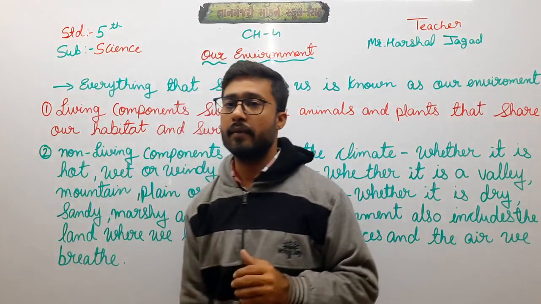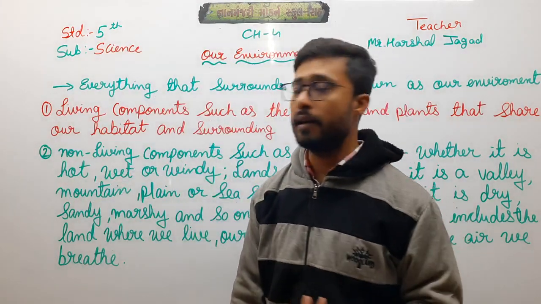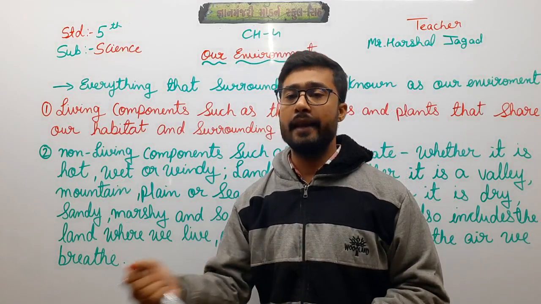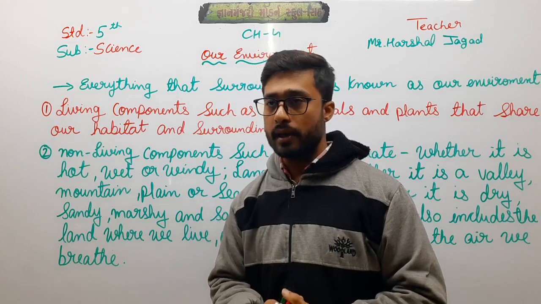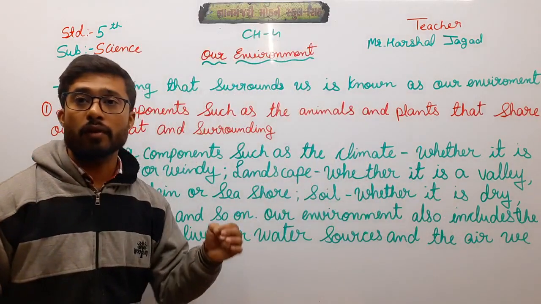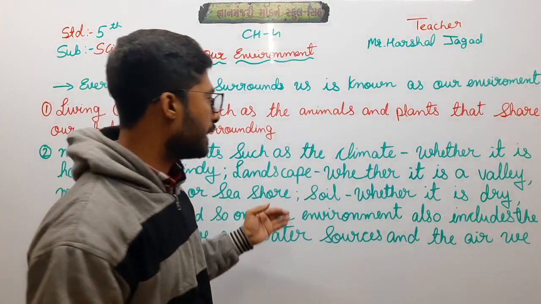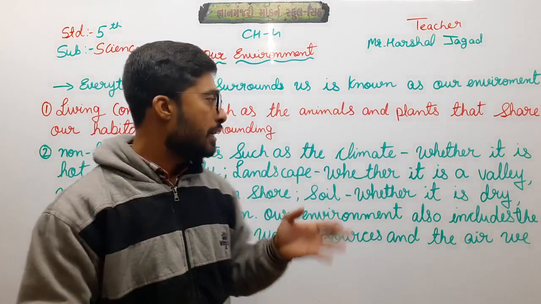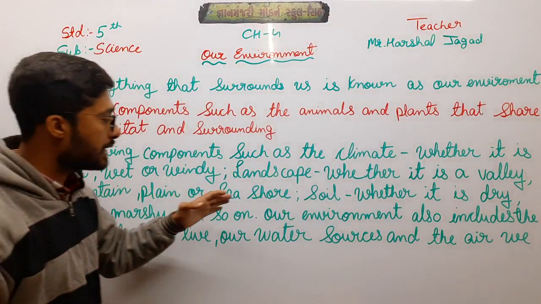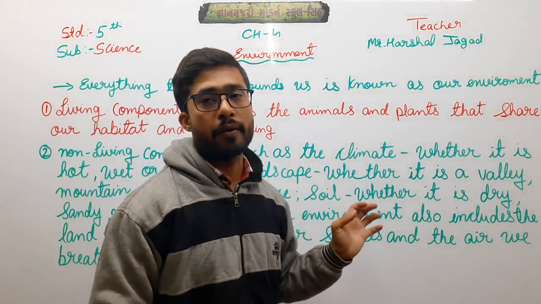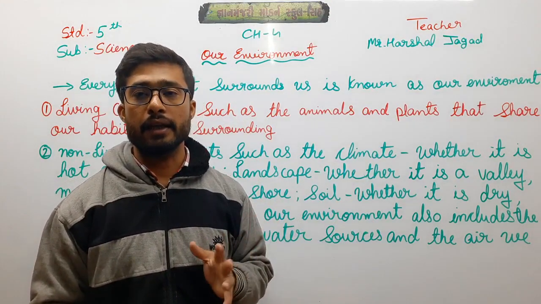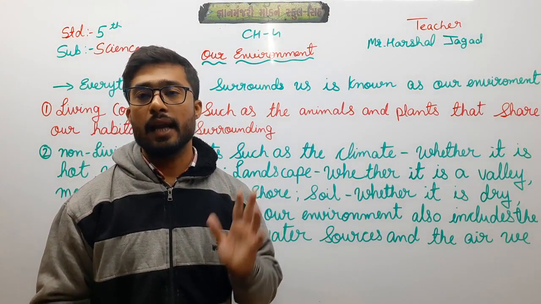Hot means in the summer, wet means in the monsoon, and windy means somewhat in the monsoon and the winter. Then landscape means the appearance of the land, like a valley, a mountain, a plain, or a seashore. There are different kinds of landscape in our surrounding environment.